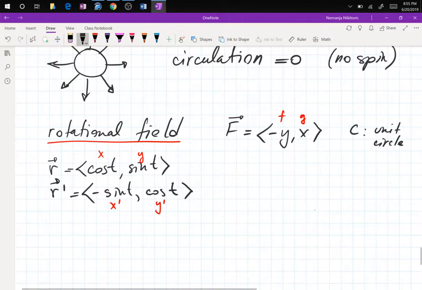To calculate circulation, I just need 0 to 2 pi, and now I need to dot F with r prime dt.